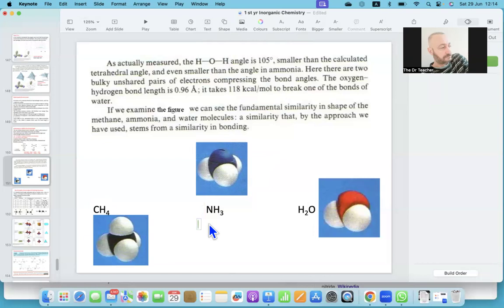Here it has, let's say, one lone pair. And here the oxygen has two lone pairs.